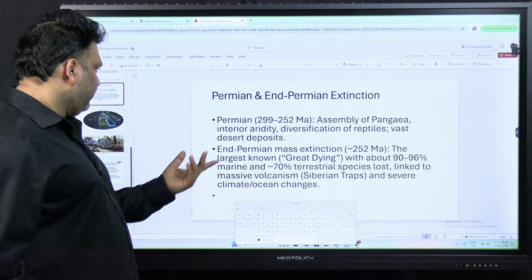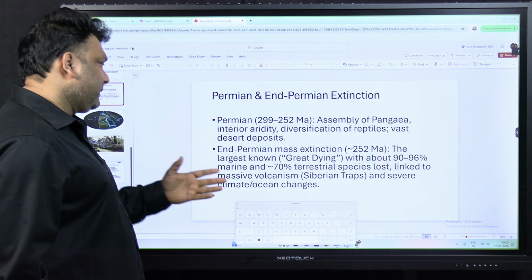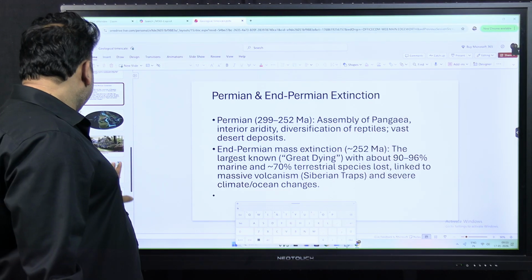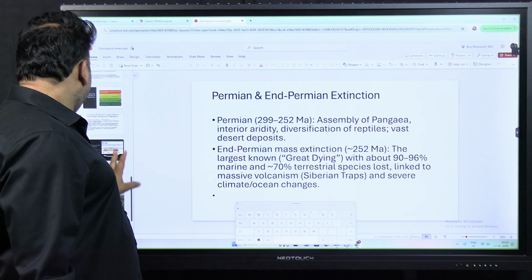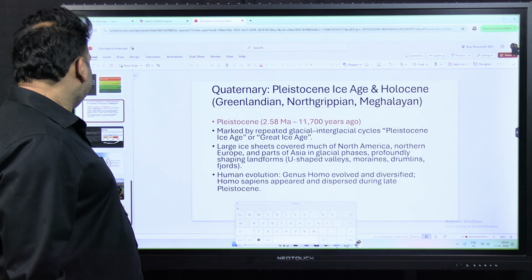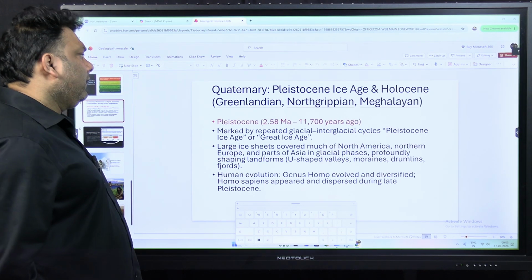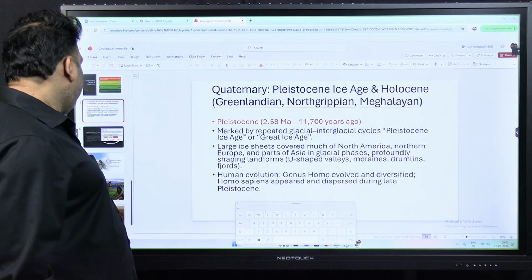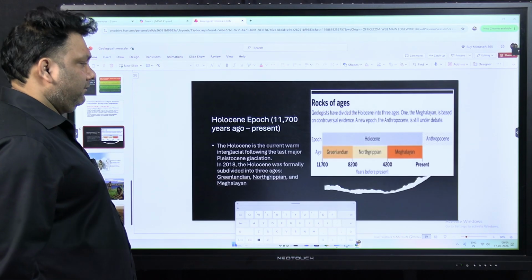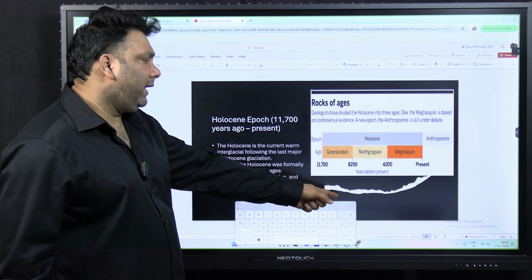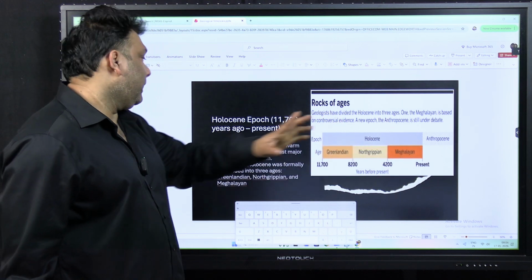So, Permian, so every time period is marked with an extinction, a great dying will be there. All these things I have explained. Now, the quaternary time period is further divided into three, called Greenlandian, Northgrippian and Meghalayan.